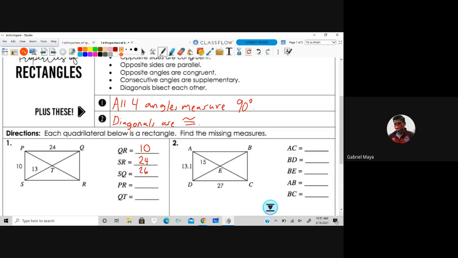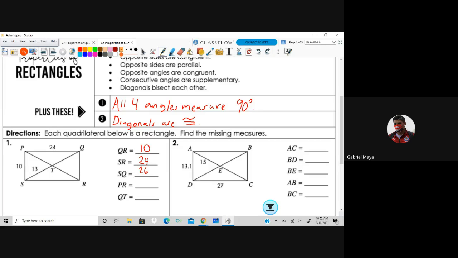Then we're being asked for PR. Well, PR is the other diagonal. They don't give us a measure here, and they also don't give us a measure here. But we have this property. Remember, diagonals are congruent.